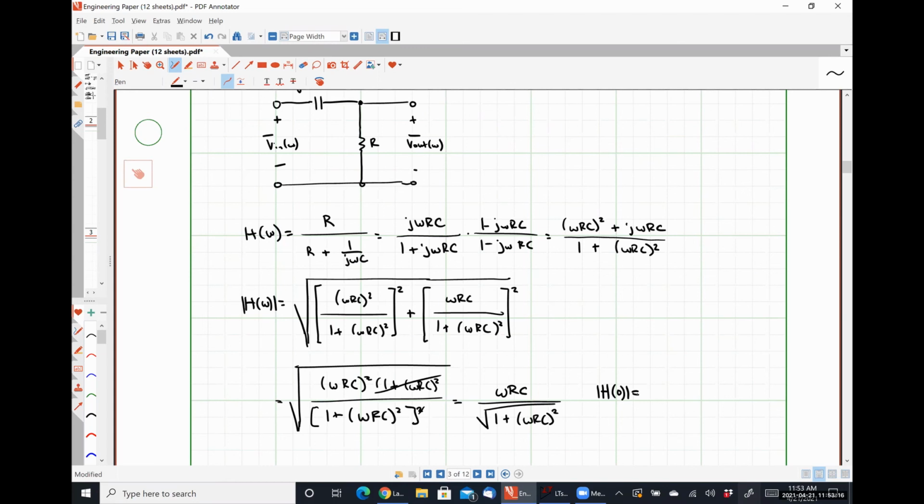So when omega is equal to 0, what is the magnitude of my frequency response? Right? Because we have 0 over the square root of 1.